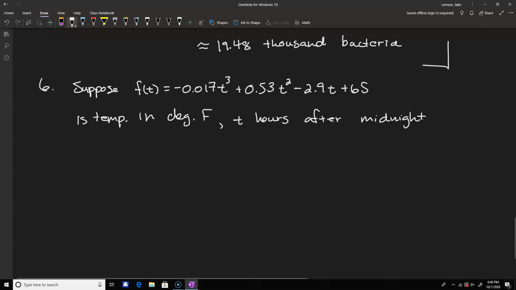I think this problem is technically in Mexico City, if I remember correctly. So what we want to do is find the average temp.